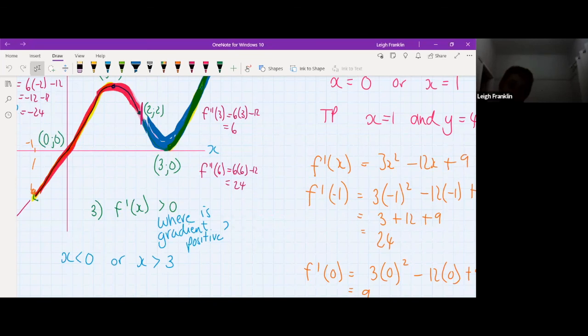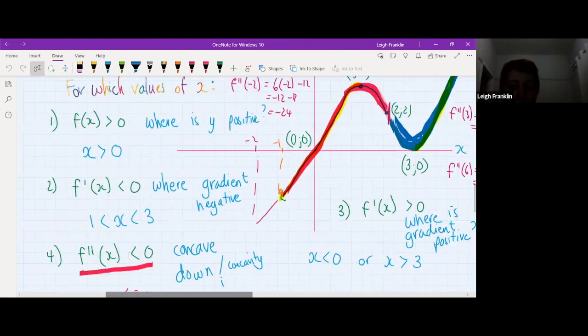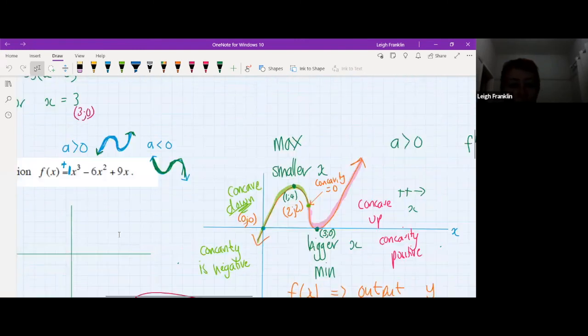Does that make sense to you? Yes, it does, ma'am. If you sub it into the second derivative, it gives you the concavity at that point. So if you want the corresponding y value, you've got to go back and sub into the original equation.